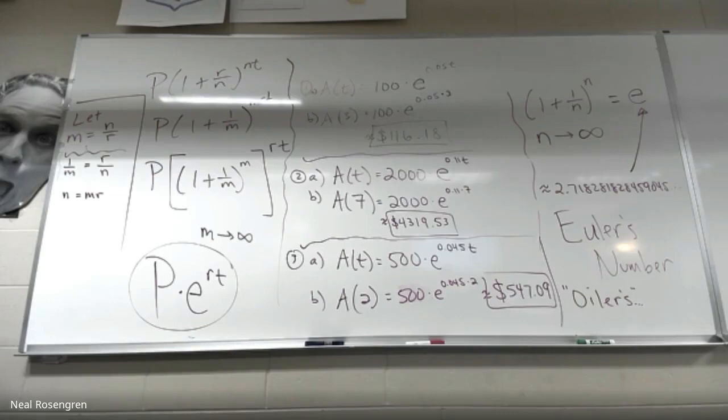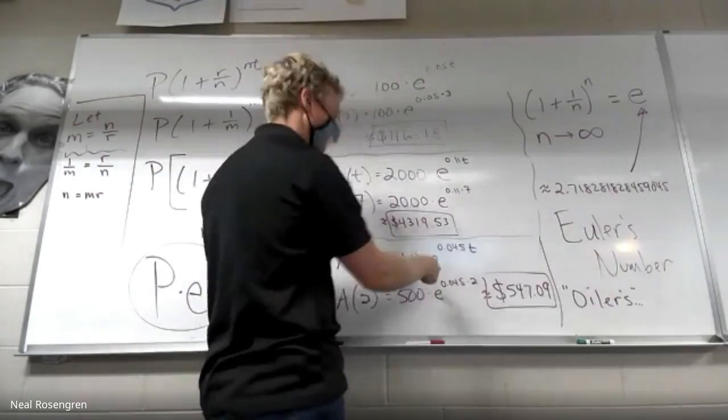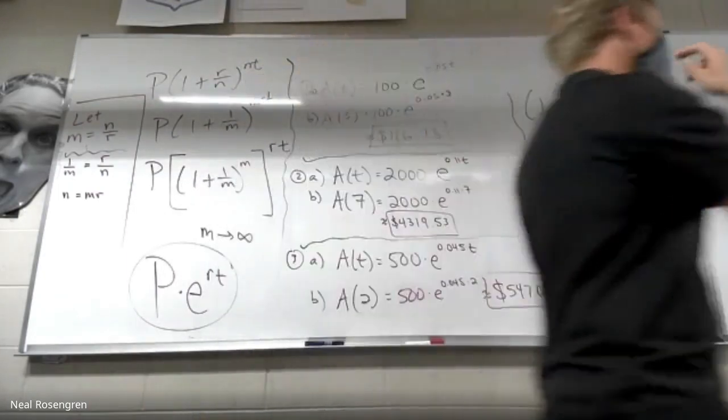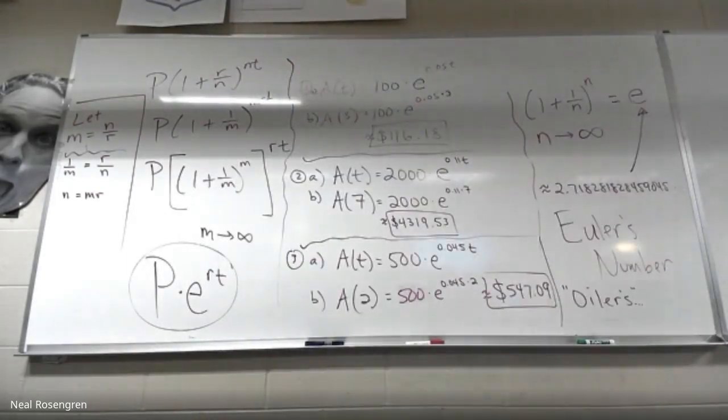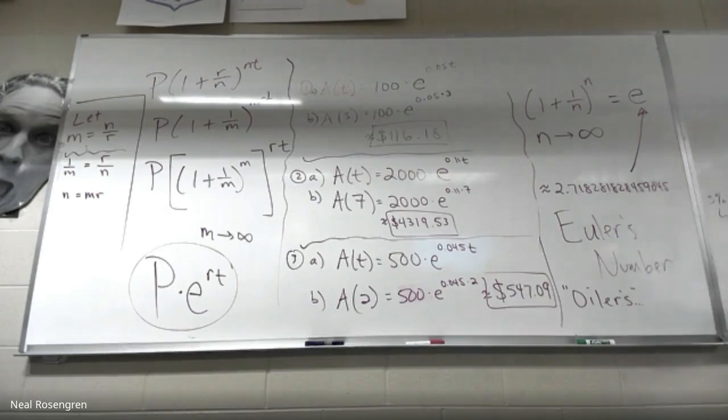Principal is just whatever we start with, like the 100, the 2,000, the 500. They'll always tell us what the beginning number is. Rate is just the percent, but we have to write it as a decimal. So if they say 5%, that's 0.05.